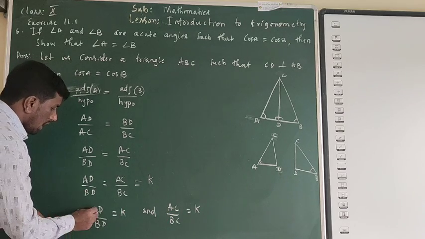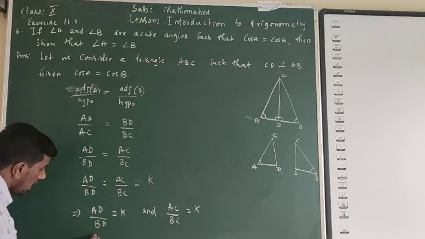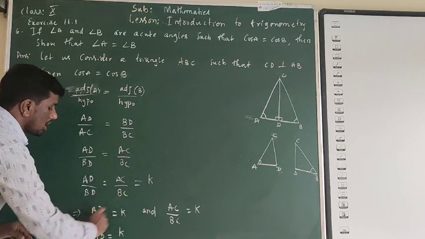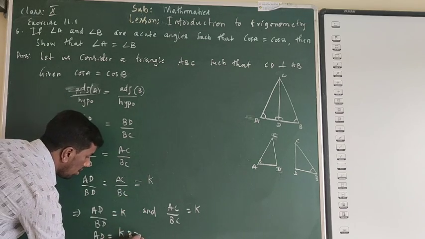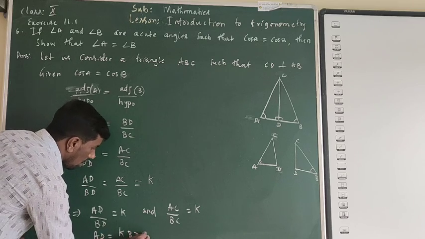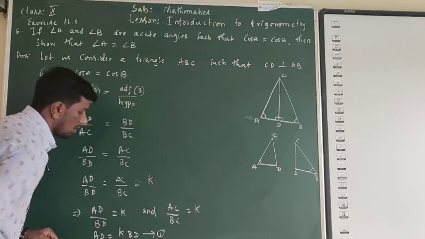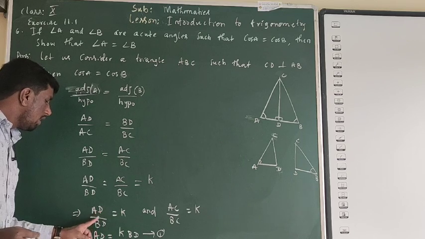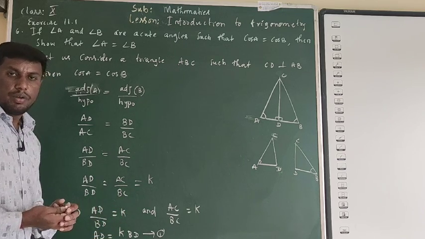Now, AD by BD is equal to K. So if I cross multiply, AD is equal to K into BD.